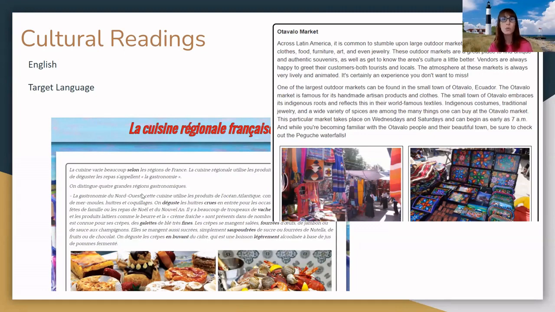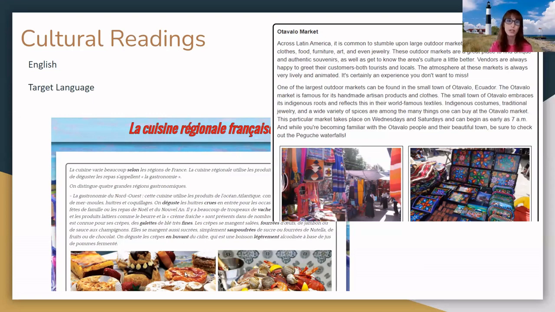But these are so rich with information, and they all include these beautiful images so that it's not just reading about something, but your students can see, okay, this is what it actually looks like, and they can almost envision themselves there. And these pictures would be great conversational pieces, whether in English or even in the target language. Like these ones up here, they're so colorful that it would be great to talk about the colors and preferences.